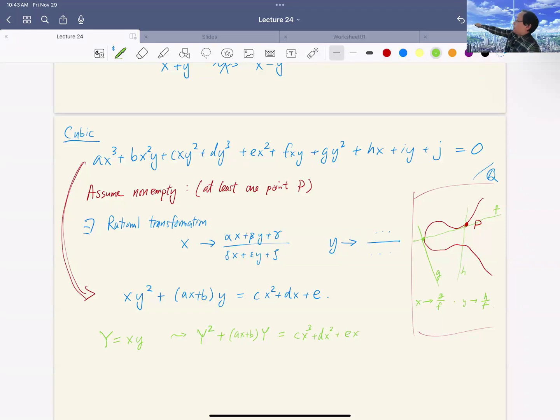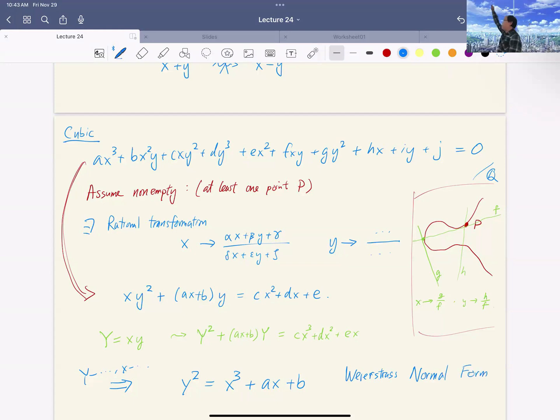And finally, on the left-hand side, you can do completing the square to cancel the linear term. You can shift y to cancel the y term, and you can also shift x to cancel the x squared term. So at the end, after all the shifting, you will get y squared equals x cubed plus ax plus b. That's the Weierstrass normal form for cubic. And this is an elliptic curve.